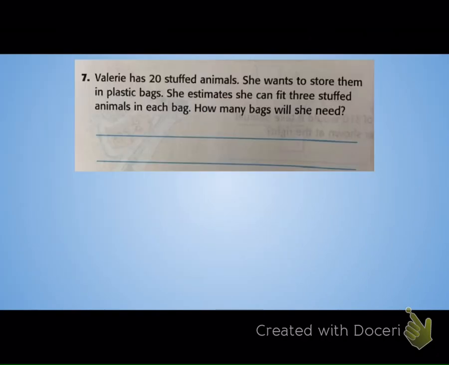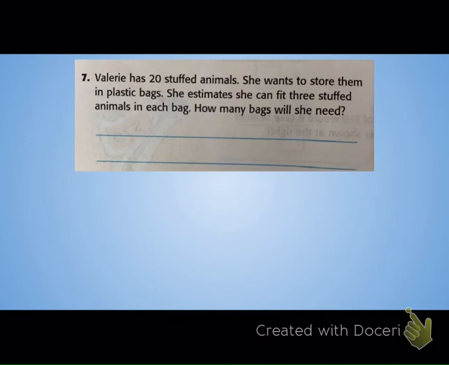All right, so let's take a look at this problem here. Let's read it. Valerie has 20 stuffed animals. She wants to store them in plastic bags. That's a good idea, so they don't get eaten by the critters. She estimates she can fit 3 stuffed animals into each bag.